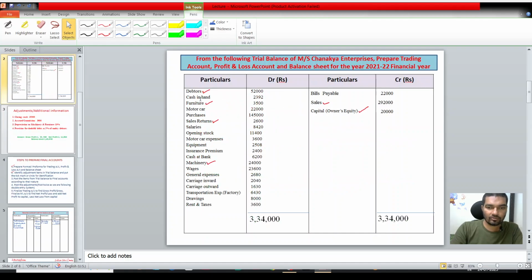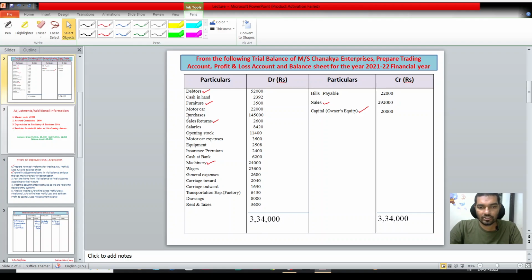Next one, carriage outward is an indirect expense. Carriage on sales. A company incurs these expenses to deliver the product to the customer outlet, customer places, destinations. Such expenses are called as indirect expenses.